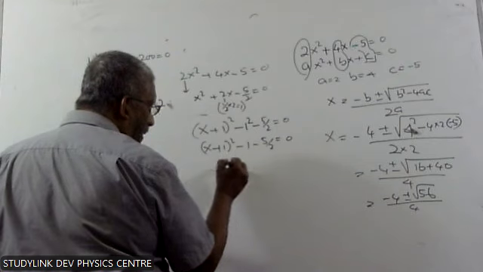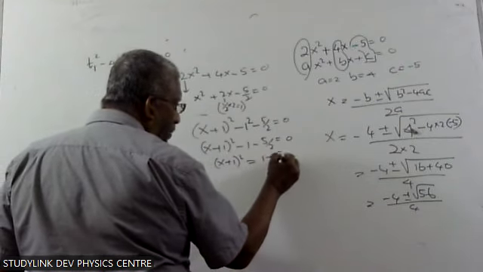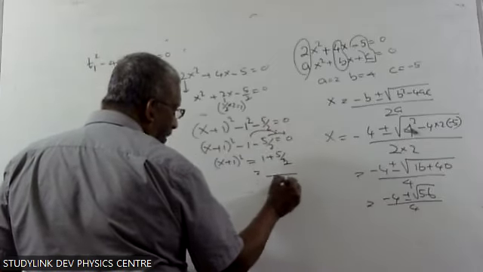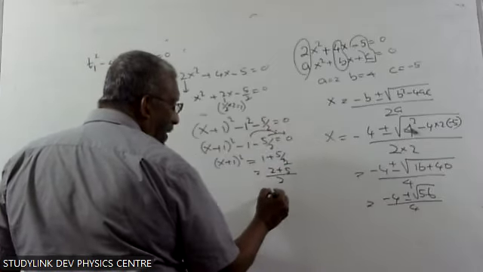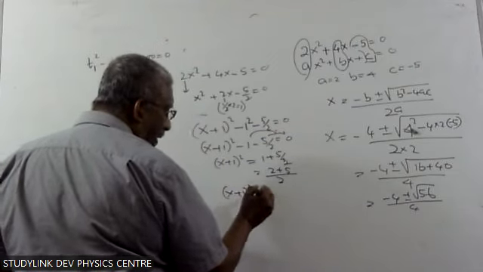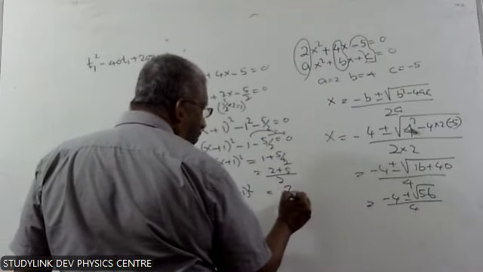Then x plus 1 squared is equal to 1 plus 5 by 2 taken to the other side. Then 2 is common, 2 plus 5. Then you get 7. X plus 1 squared is equal to 7 by 2.